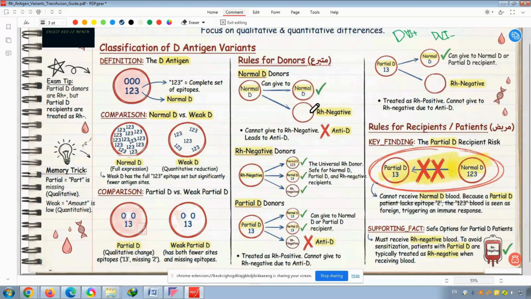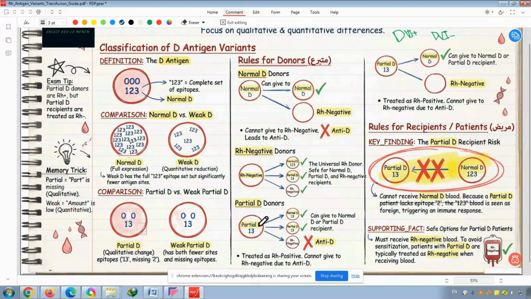But if it is dispensed to a negative patient, of course, that will not work because the patient's body will then form anti-D. If our donor is negative, then his bag can be dispensed to a positive patient, whether normal or partial, any positive patient. And of course, to a negative patient like them, right?